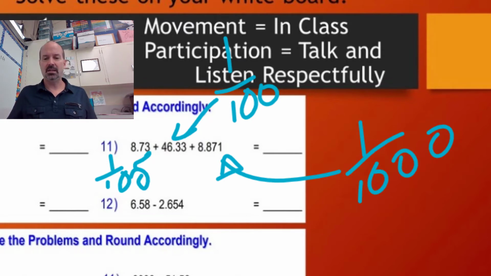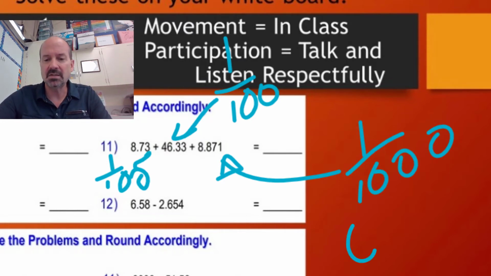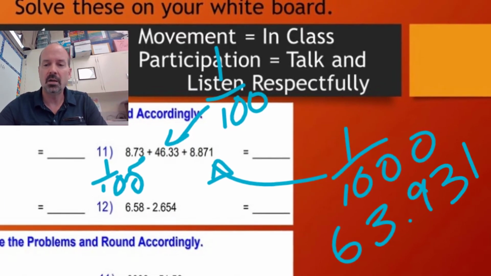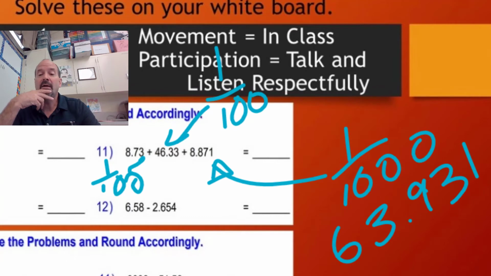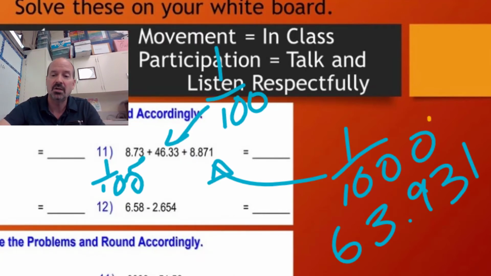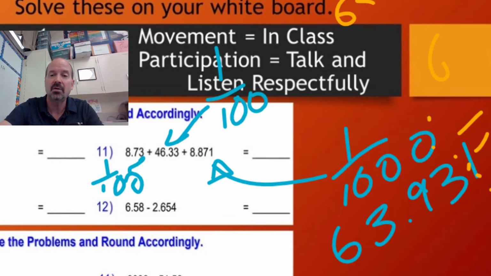Let me write that down. So how am I supposed to round 63.931? We said to the nearest hundredth. So I'm going to chop it off after the hundredths, and the 1 doesn't make it round up. So the answer is 63.93.